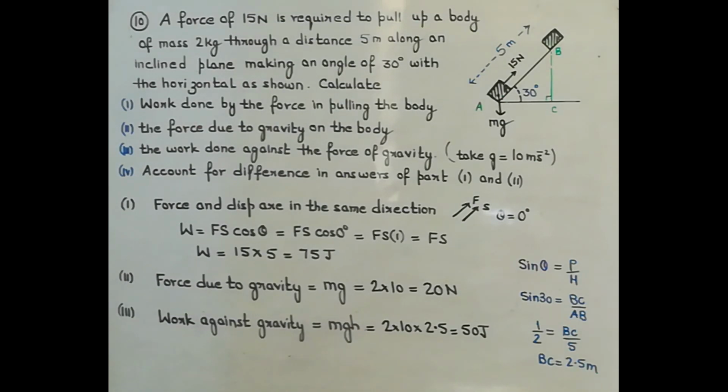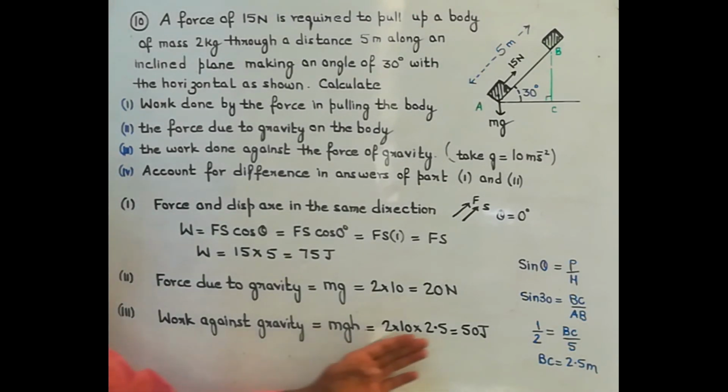Now you see, body is moving along the path AB, and how much work has been done on it? 75 joule. But if the body was raised, instead of moving the body along AB, if we would have raised the body from the level AC to the point B, we could have done this work.